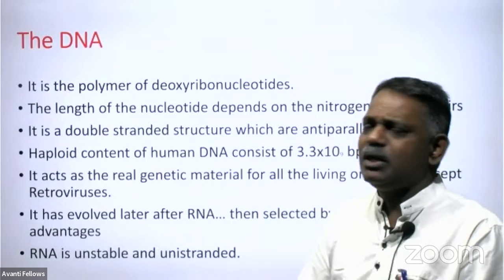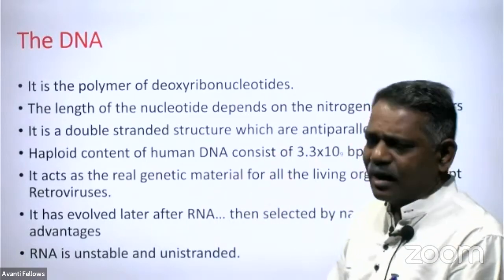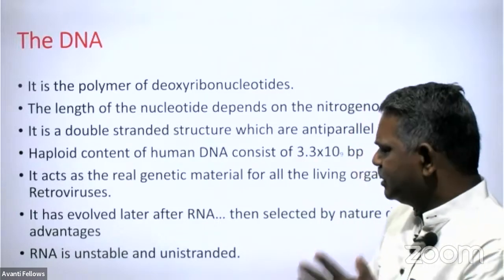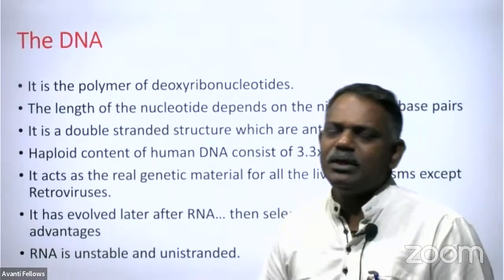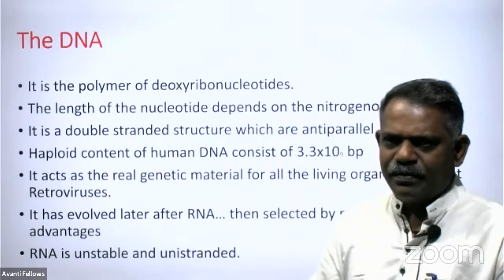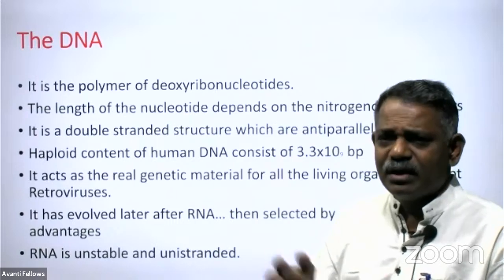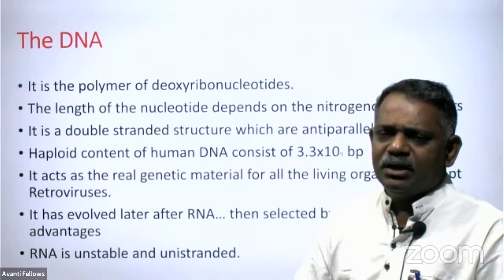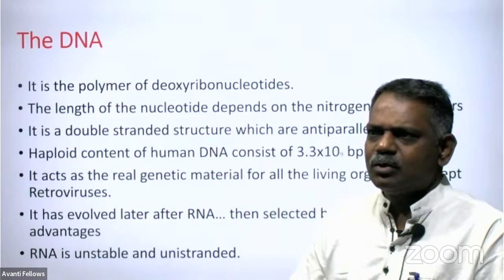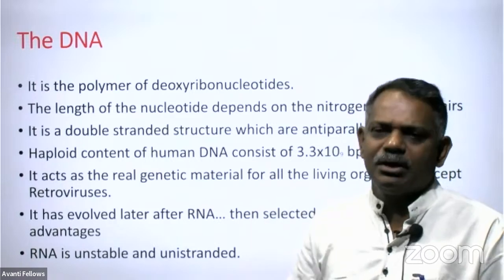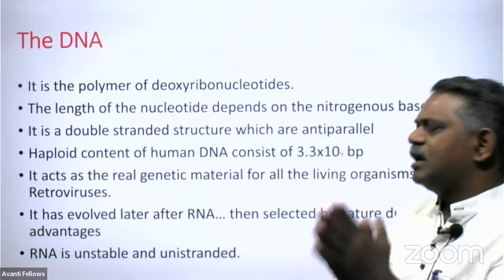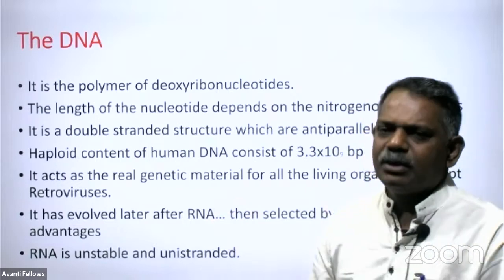That is why most organisms except retroviruses have DNA as genetic material. RNA is unstable and unistranded, made with only a single strand, and not very stable. That is why these RNA viruses keep on changing their characteristic features within a short period of time. We call this mutation, changing the character, right? Because RNA is unistranded and unstable compared to DNA.